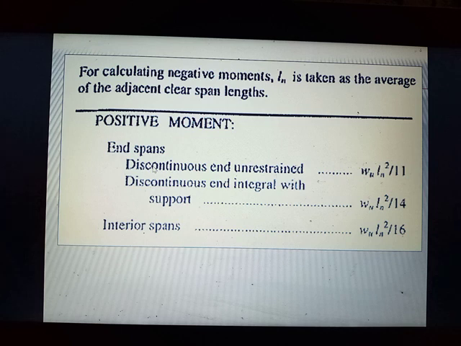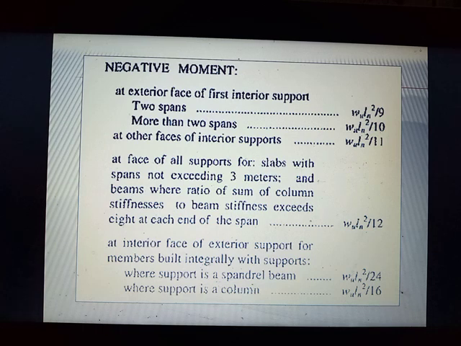For discontinuous end integral with support, you can use the formula WLn squared over 14. For interior spans, WLn squared over 16.